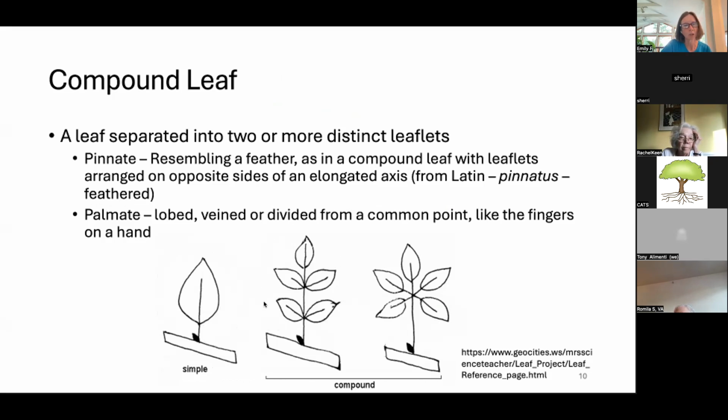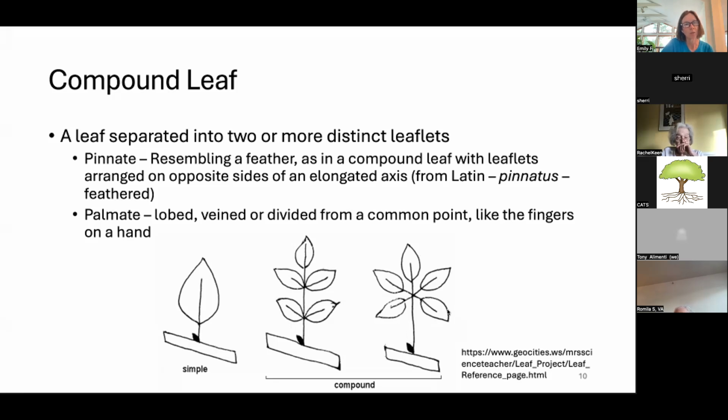Then we have our first compound type right here, which is pinnately compound. And this is where pinna means feather, or pinnatus means feather in Latin. And because these have leaflets that are on opposite or alternate sides of the stem from one another, that is why it is considered pinnately compound.